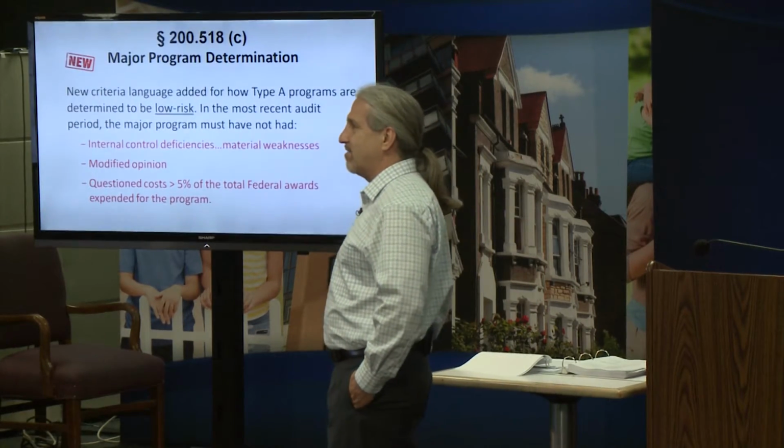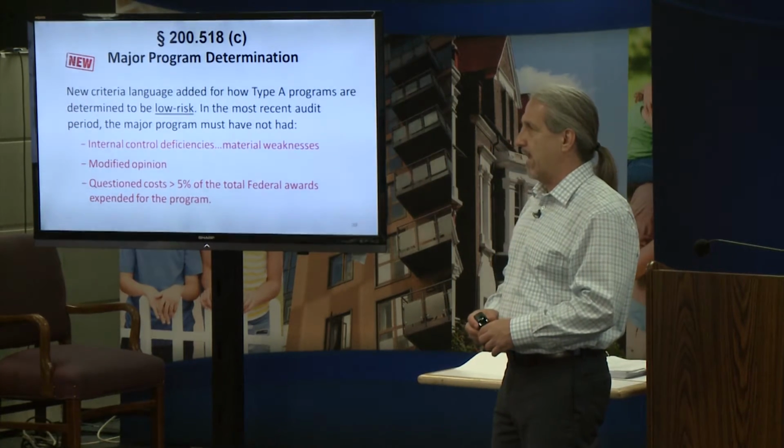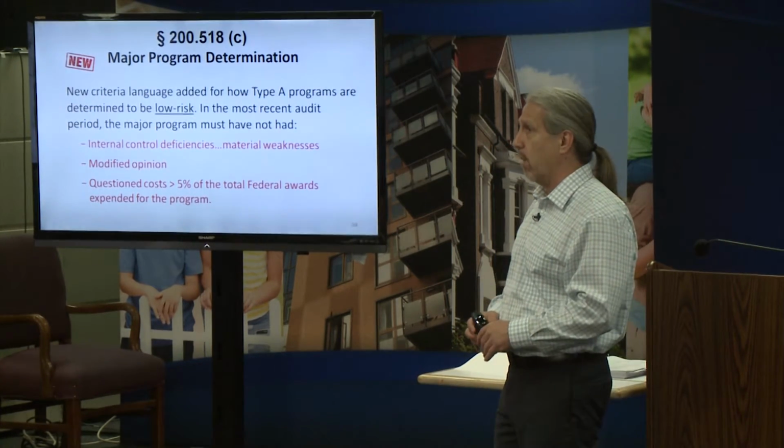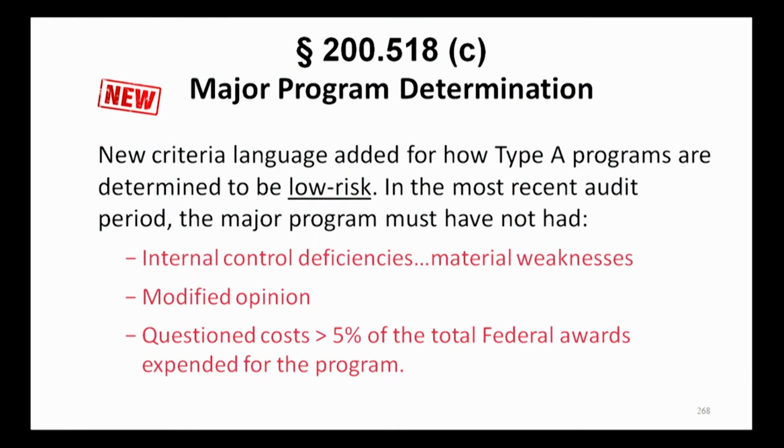So 518C goes into some new criteria language added for how type A programs are determined to be low risk. So this is the basic criteria right here. In order for a major program to be determined low risk, it should not have any control deficiencies, no material weaknesses, and must not have a modified opinion.